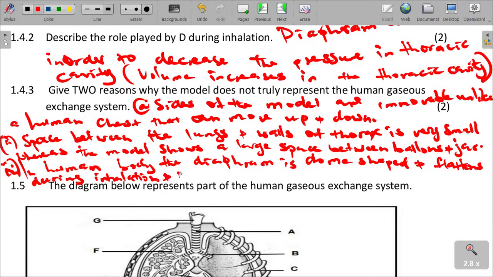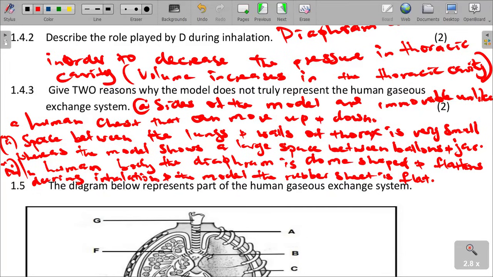The rubber sheet is flat and is pulled down to represent inhalation. We can also talk about how in the body there is limited movement of lungs or pressure exerted on lungs.